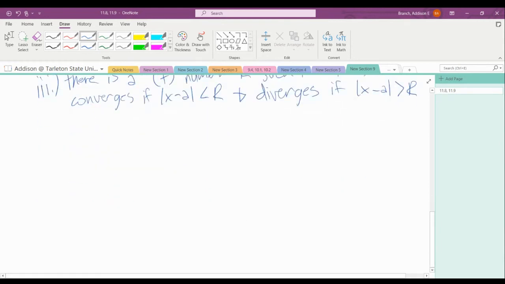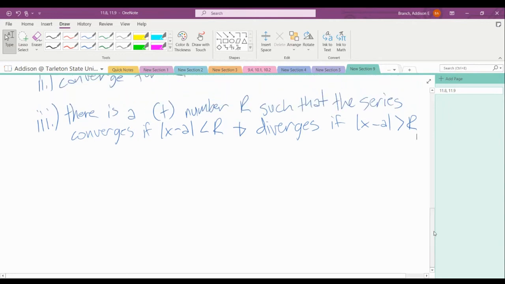So essentially what this is saying is that we have a limited interval where our series converges. Whenever we're talking about this, we consider r to be what is called the radius of convergence.